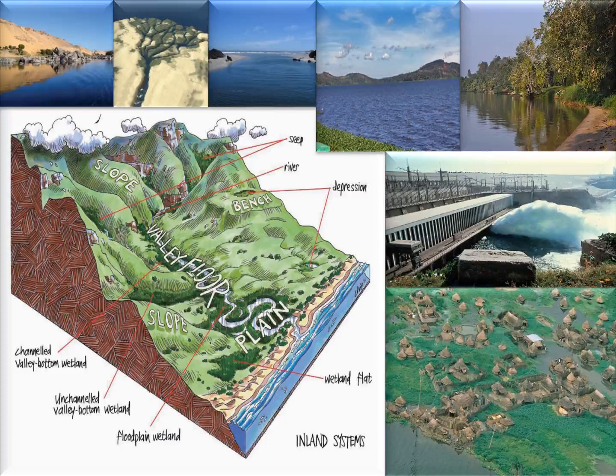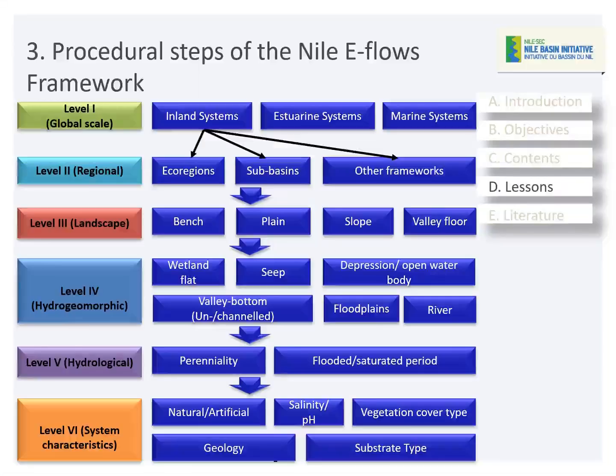And in the Nile Basin, it's important because it can allow us to identify what the characteristics of and what the types of ecosystems are that we're trying to manage. And if we all use the same system, we'll all be talking the same proverbial language when it comes to the environmental flow assessments and the response of different resources to changes in flows. So it's very important that we use a suitable system. And this system is available for free.